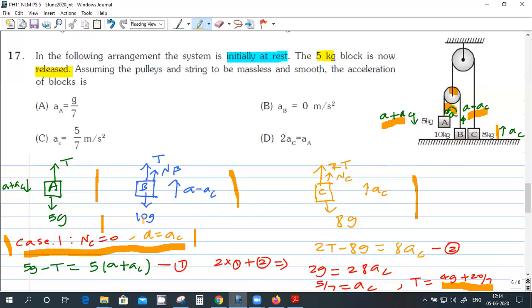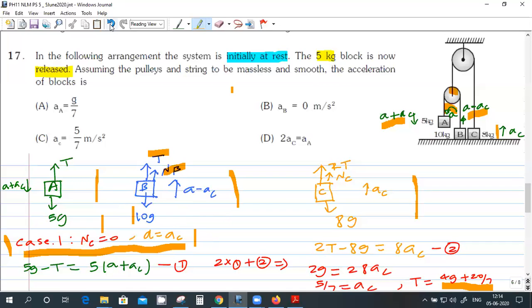On B, the downward force is 10G, and this tension is 6 point something into G. So this normal force is not 0. That means that B is not leaving the ground. So the solution is consistent with the assumption. So this is the case that is happening.